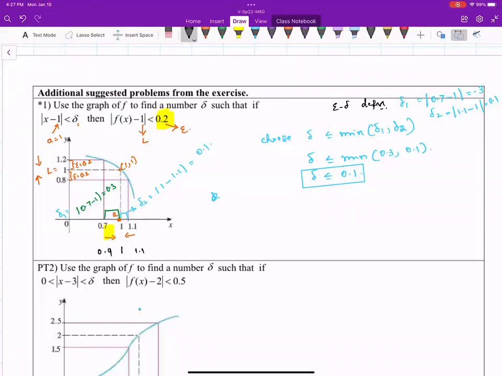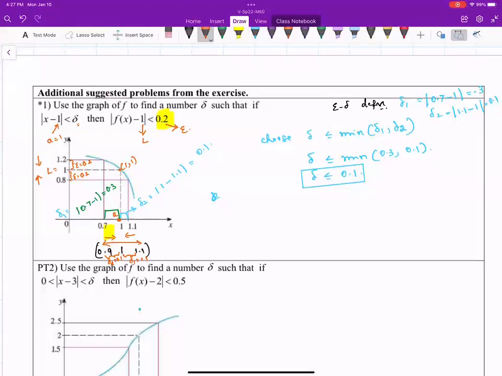Now, if you consider the neighborhood in this way, and if your x lies in this neighborhood, then the difference from here will be 0.1, and the difference here would be 0.1 also. Right? So you're making the difference uniform.